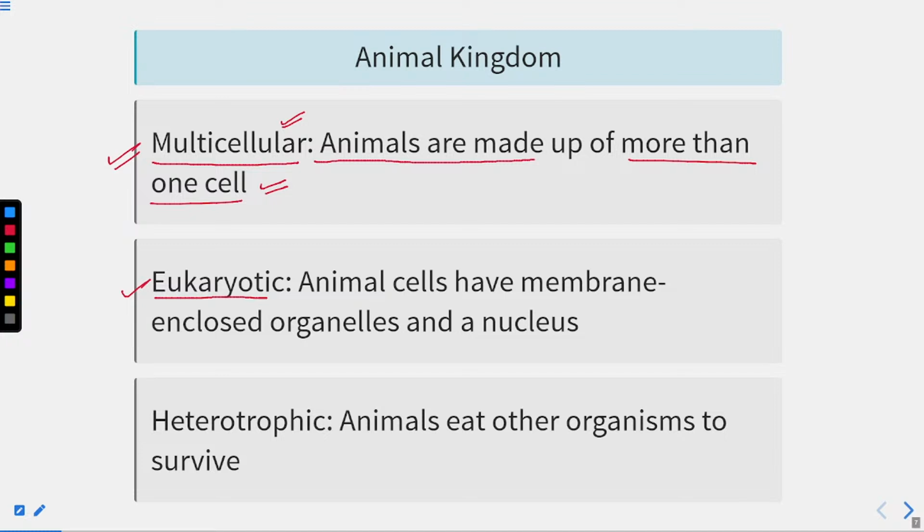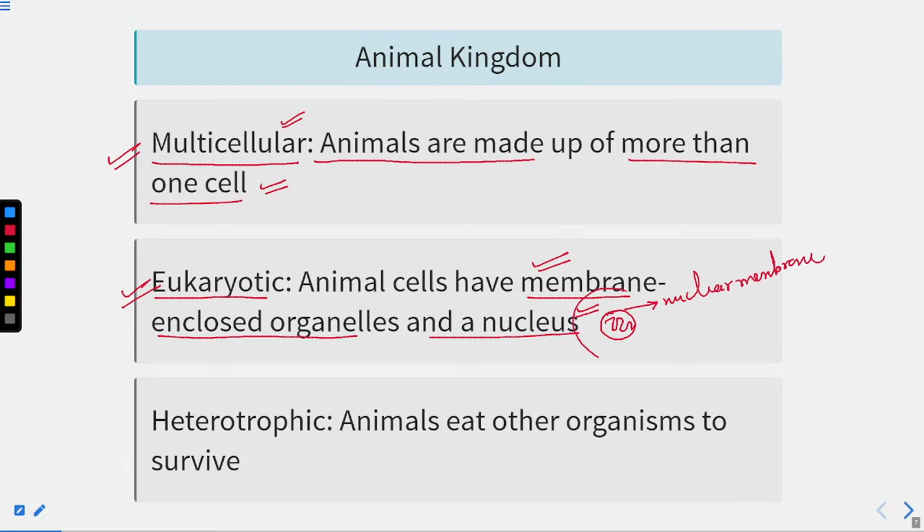Eukaryotic. All the cells present in animals have membrane enclosed organelles. They have membrane enclosed organelles and a well organized nucleus. The nucleus has a nuclear membrane, and inside the nuclear membrane the genetic material is present, right?